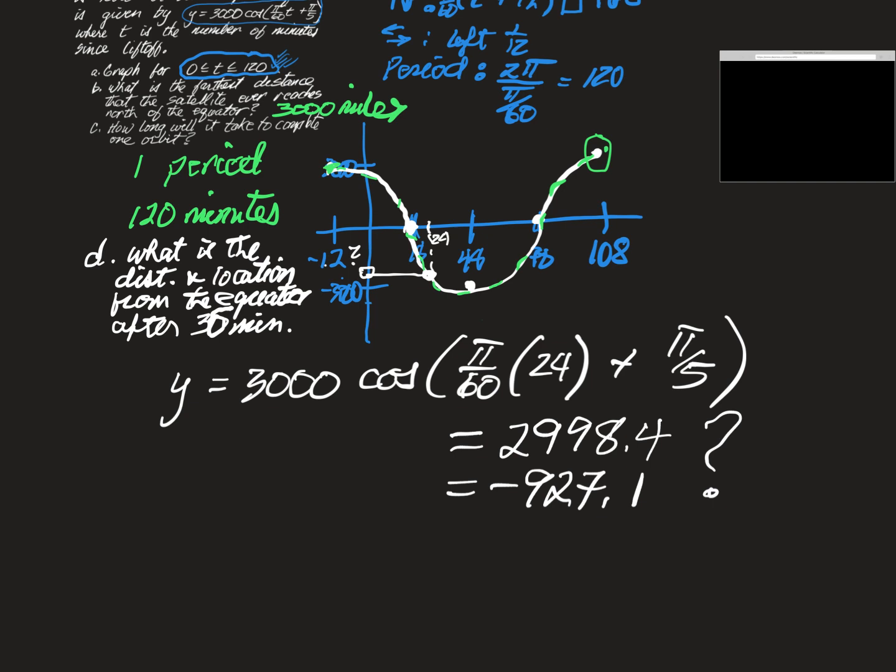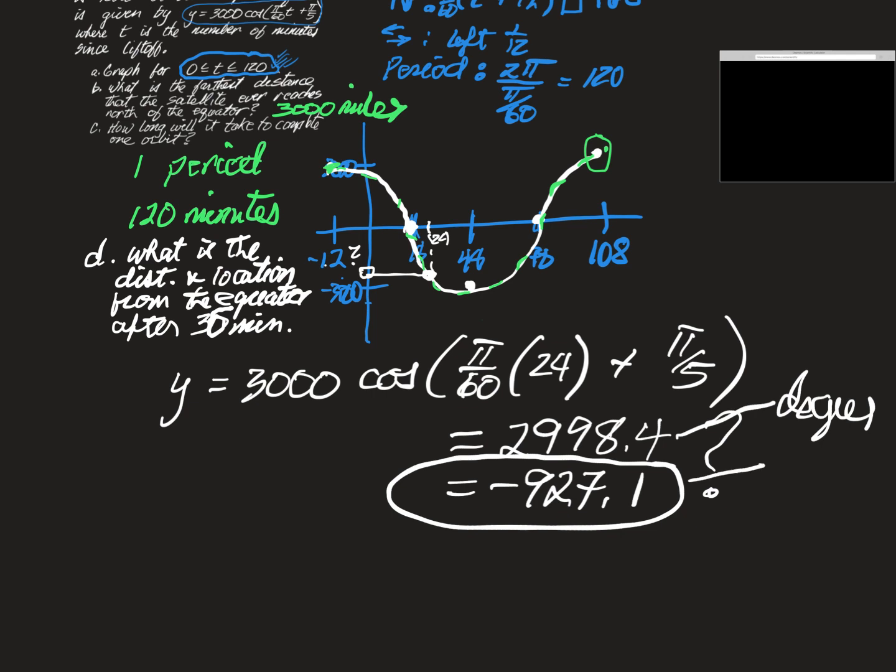The one that's correct is actually this one, because Desmos was in degree mode and this one's in radian mode. And if you look at this problem, it needs to be in radian mode. So there was a perfect example of why you always need to check your mode before you do a problem on a calculator.